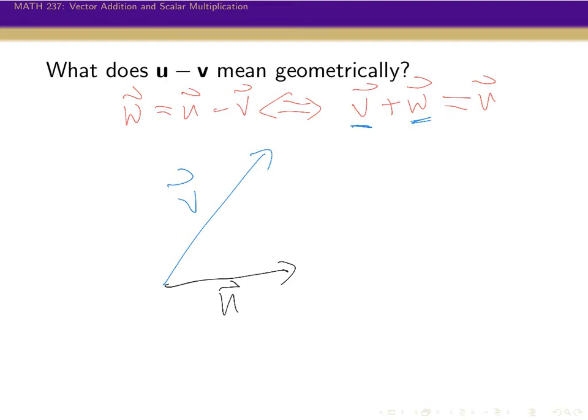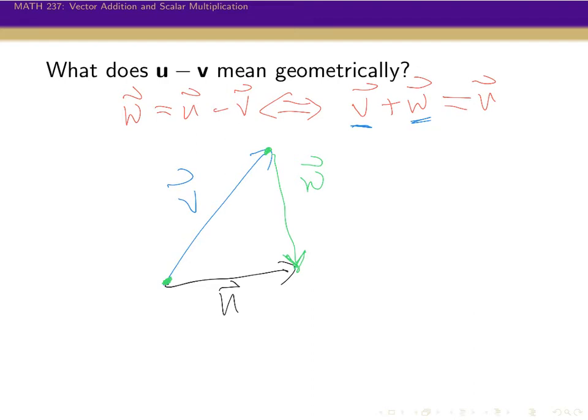So if I start at the origin and then I do v, I end up here, and then I want to end up at u. So to get to u, I'm going to have to connect that together right there. And so that's what my w is going to be. That's the vector such that when I do v and then w, I end up with u.